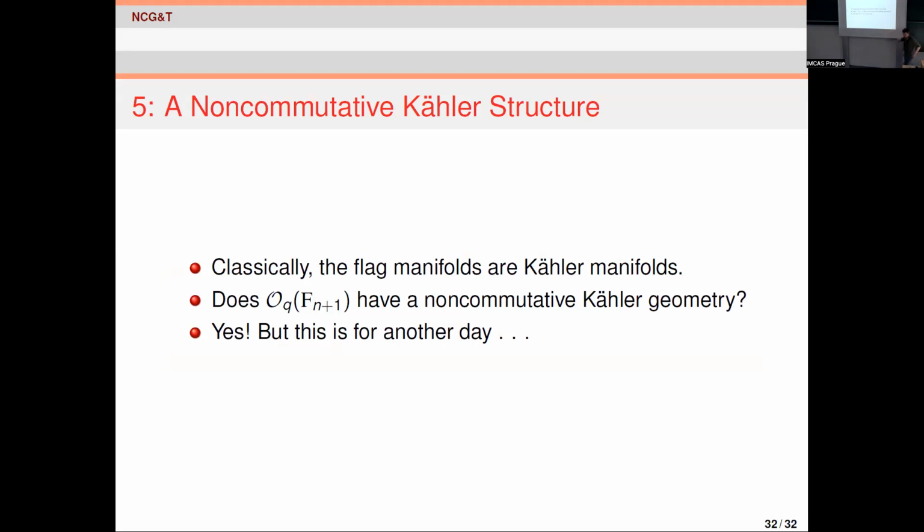The question is, I was speaking a bit about Kähler metrics. So you would like to put a Kähler metric, a Riemannian metric, or a non-commutative Riemannian metric on these calculi, so that you will then be able to get an inner product and take a completion. You have a Hilbert space and so on.